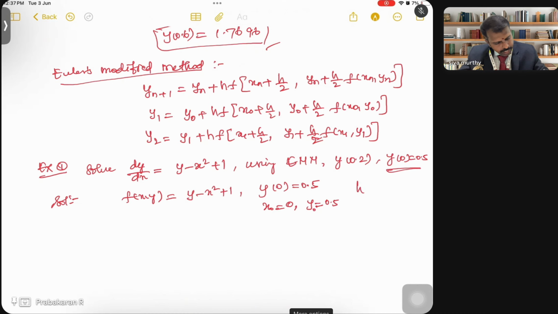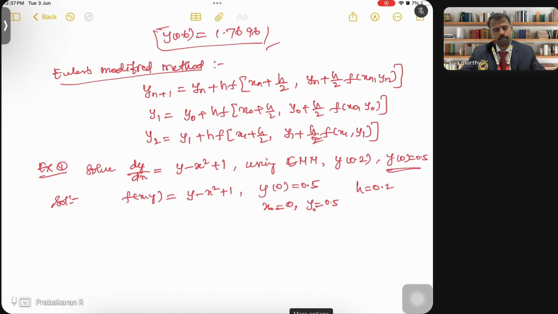Then h equal to 0.2, because here they are asking to find y of 0.2. Here they are asking for only a single iteration, not y of 0.4, 0.6 like that.